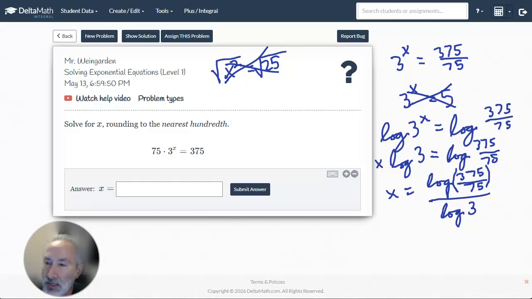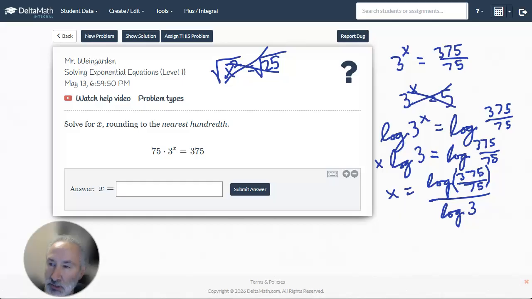Let me clear this on my calculator. I'm going to enter this in my calculator now while I can see what I've written, and then I'll bring this over there in just a second. So log of 375 divided by 75, and then I will close the parentheses, and then I will divide by the next thing, which is log of 3.